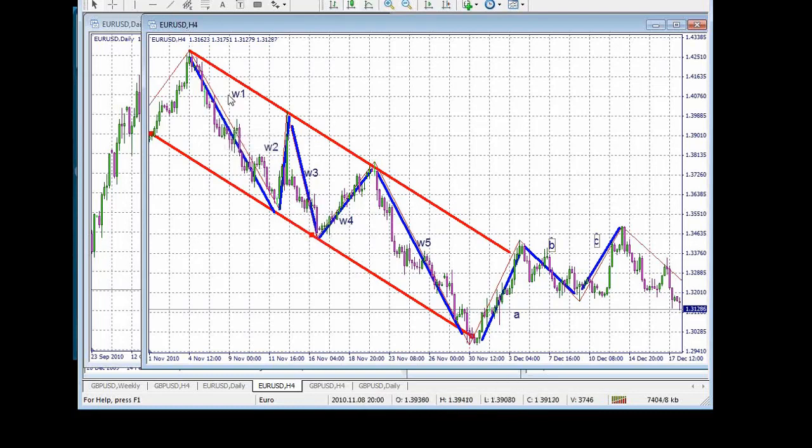Now we can see that wave 1, actually the length of wave 1 we cannot measure. I will start to measure the rest of the waves, because you can see by eye that wave 3 was not the biggest and wave 5 was not the weakest.